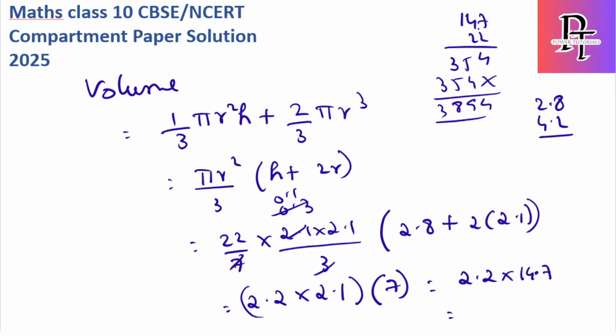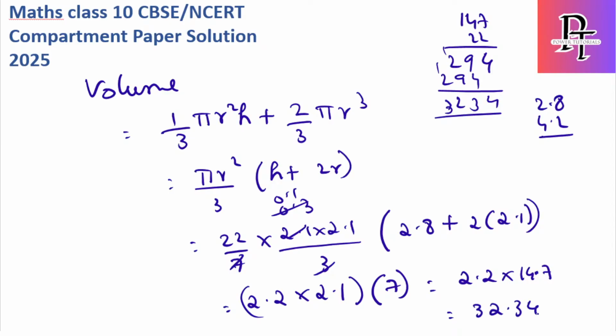Cross check. Okay, I'm sorry guys, let me just check the last part again. 2 7s are 14, 1, 2 4s are 8, 9, 2 1s are 2. Okay, now it is correct. Hence the answer is 32.34 centimeter cube, which is the volume.